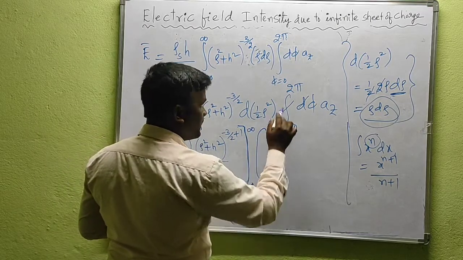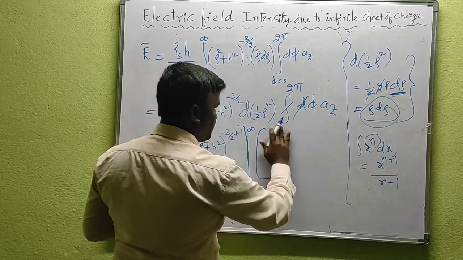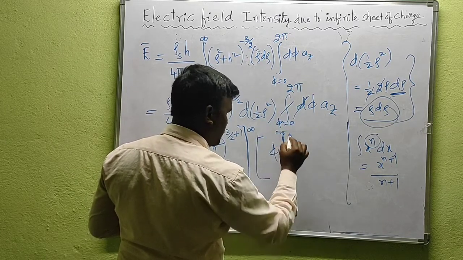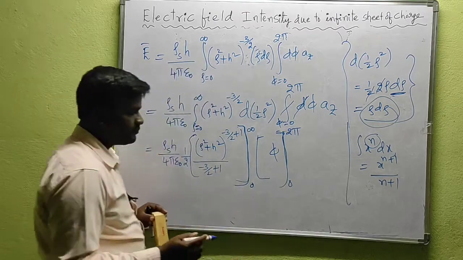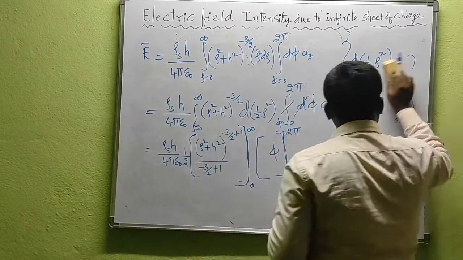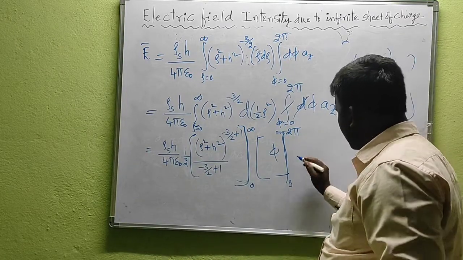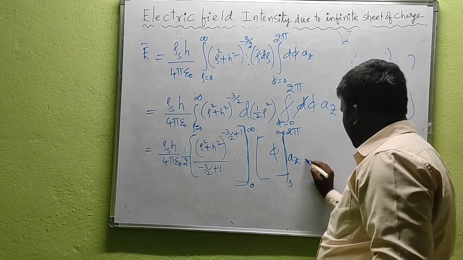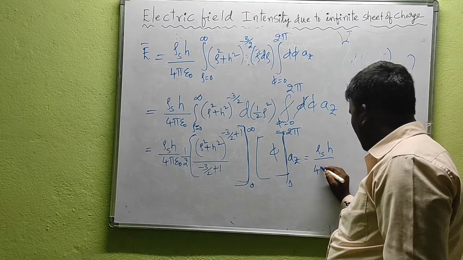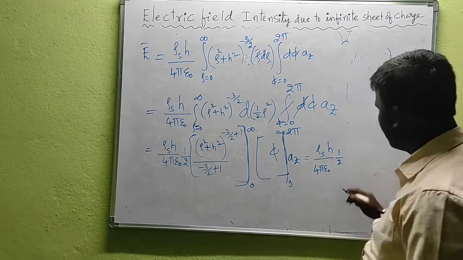And what about the limits of integration? Differentiation cancelled out. We have phi. The limits of phi are 0 to 2 pi. Now we can write, I will write that part here, rho s, and I forgot to write the direction, that is a z, equal to rho s into h by 4 pi epsilon naught into 1 by 2 into 1 by 2.